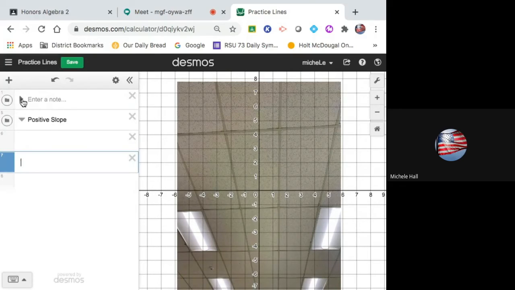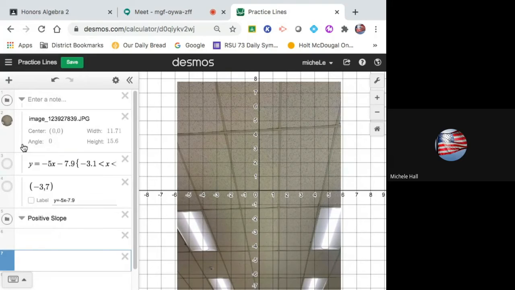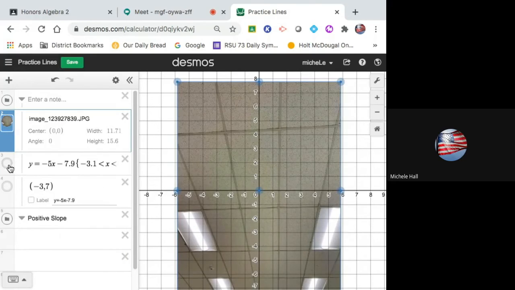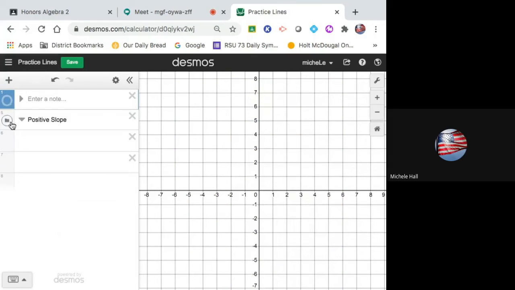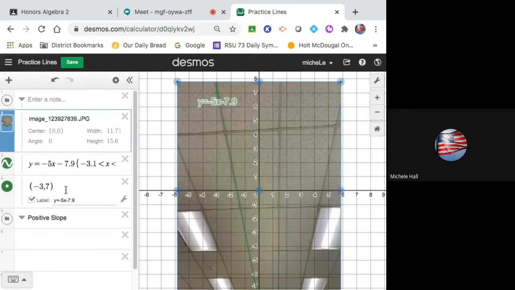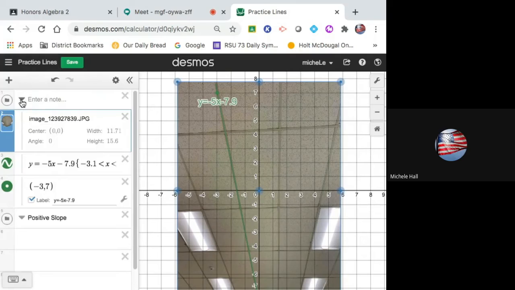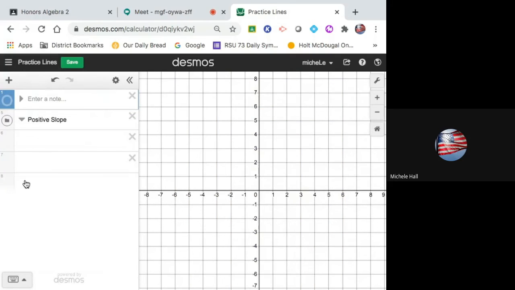You can use a folder, put all of the things that go with that image in the same folder. Now I wonder if I shut the folder and shut off the image, it shuts everything off. That's pretty cool. So it's all on. If I want to shut off the image and everything in there, I can just shut the folder off, and it shuts off all the pictures, and I can start over with a different picture.